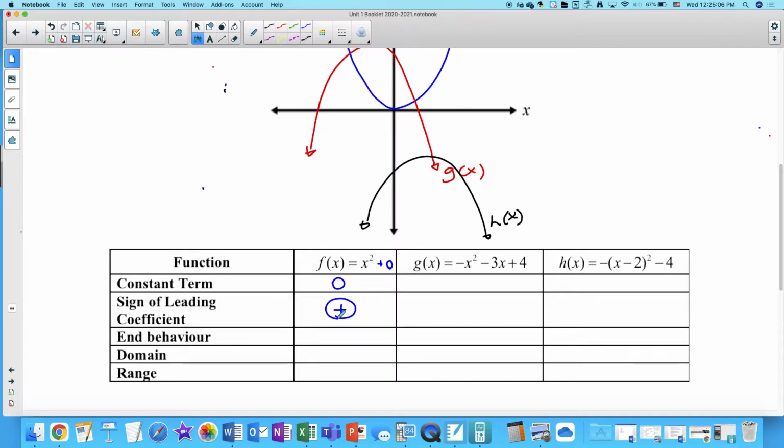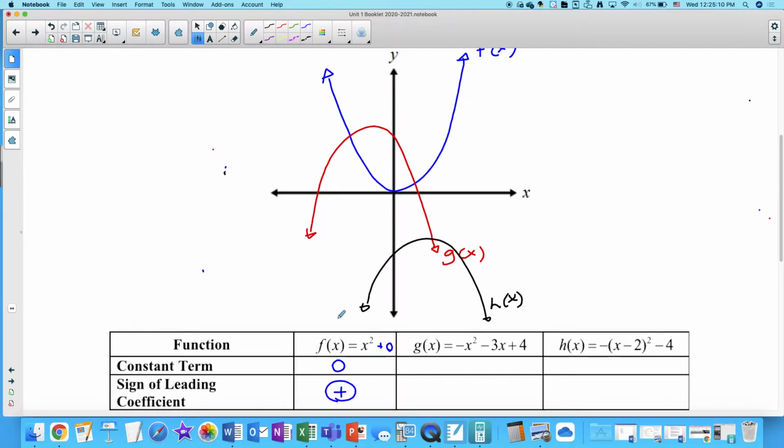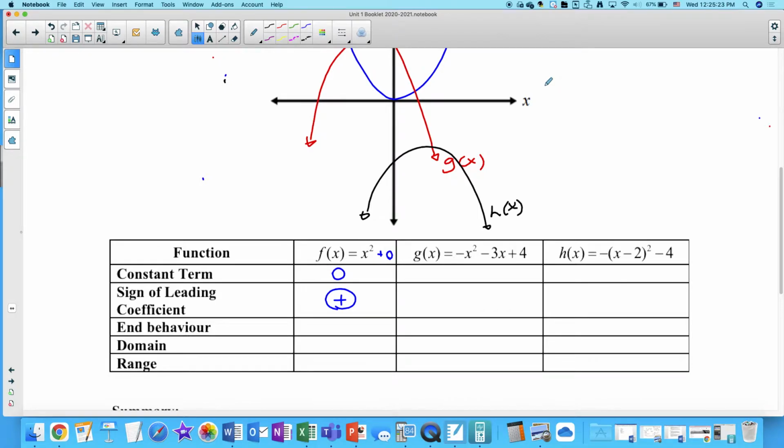Okay, if we look at the end behavior of the blue graph, it starts in quadrant 2 and ends in quadrant 1. Okay, so our end behavior is quadrant 2 to quadrant 1.